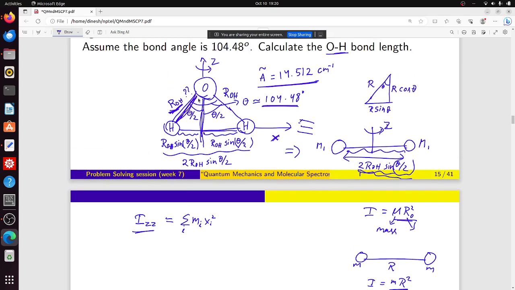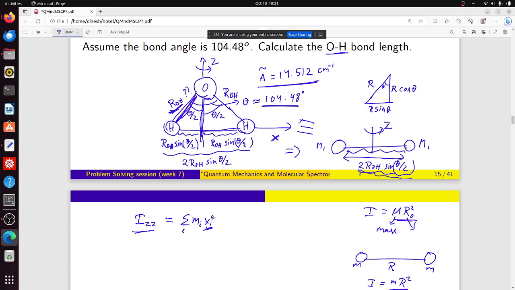Now as you see, this oxygen atom is aligned along the z-axis. So it is not far away from the z-axis, the distance is 0, so the contribution of the oxygen atom will be 0, right?